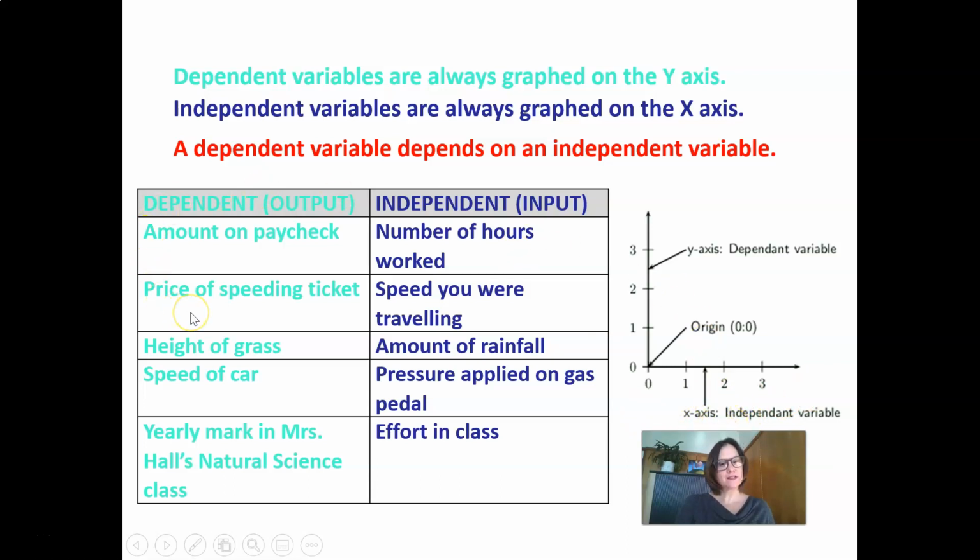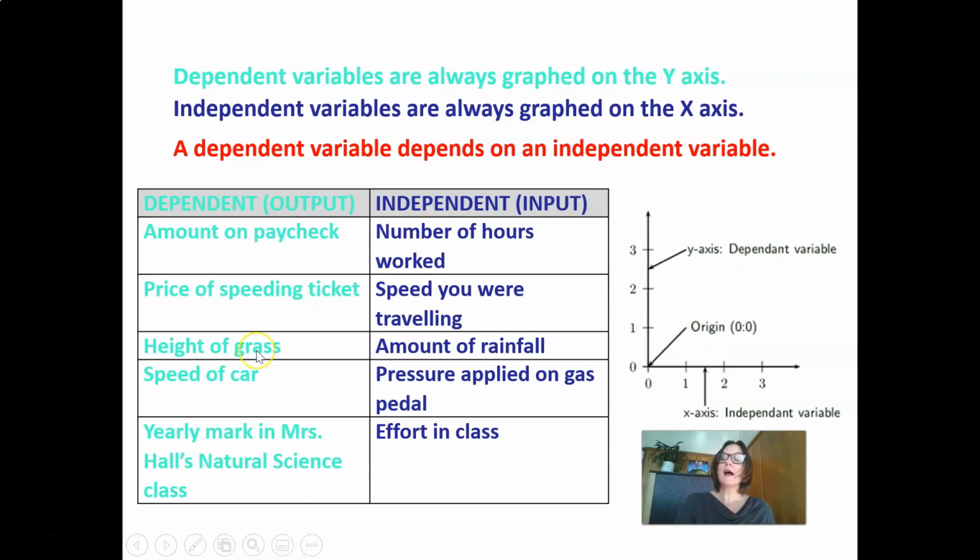Look at the price of a speeding ticket for your moms and dads. If they're speeding, that is the dependent, that is your output over here. It depends on the speed they were traveling. So if they were 10 kilometers over the speed limit, they might only pay 100 Rand. If they were 20 kilometers over the speed limit, they might pay 200 Rand. Do you understand?